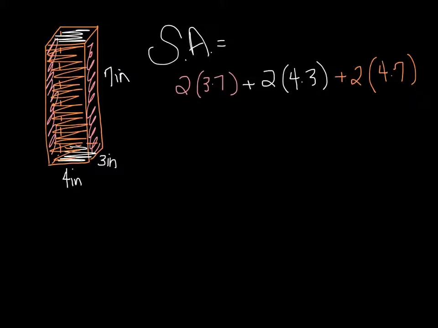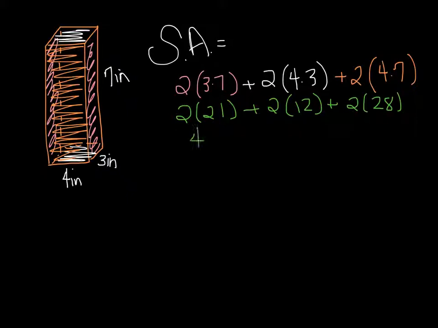So we'll go to green, and this becomes 2 times 21, plus 2 times 12, plus 2 times 28. 2 times 21 is 42. 2 times 12 is 24. 2 times 28 is 56. And so at this point, we can go ahead and add together 42, 24, and 56.